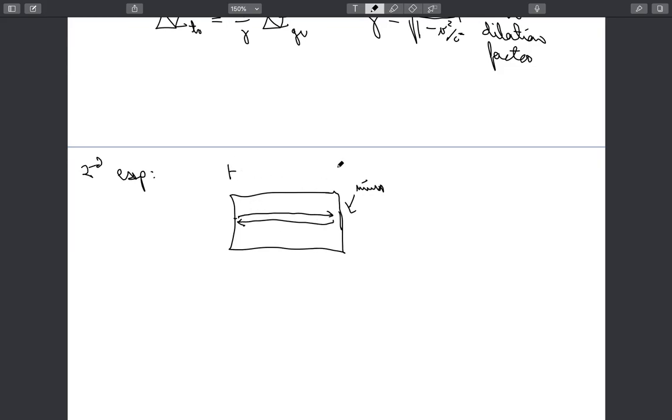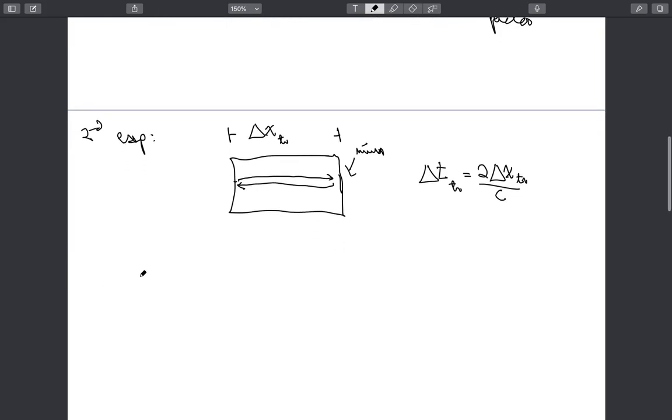So let's say that the length of the train, as far as the train is concerned, is called delta x train. Then the delta t in the train for the second experiment would just be the distance traveled, 2 delta x train, divided by c.